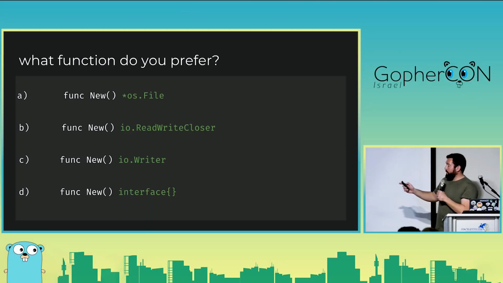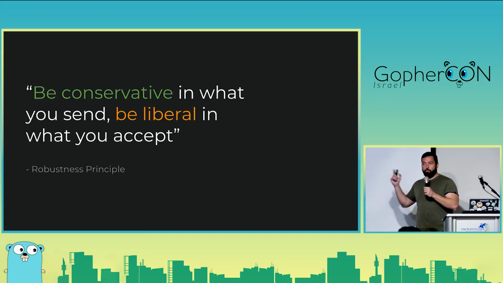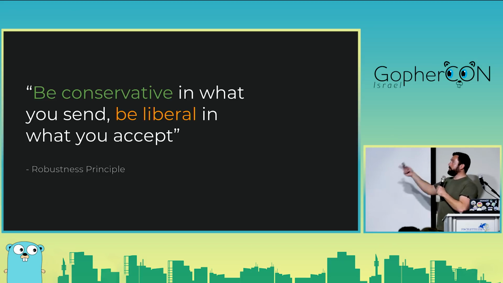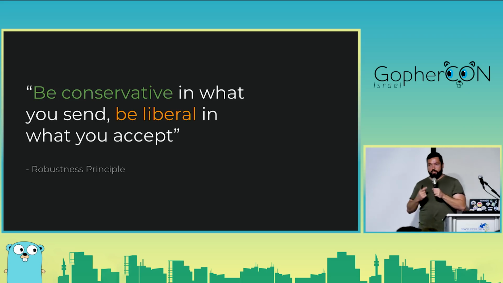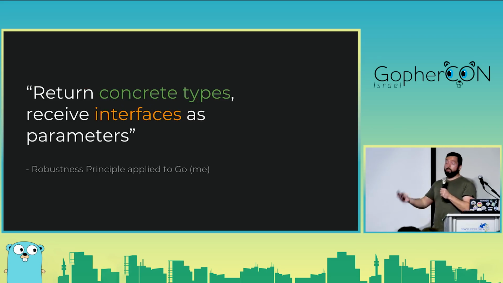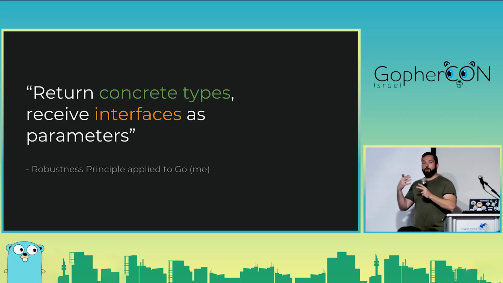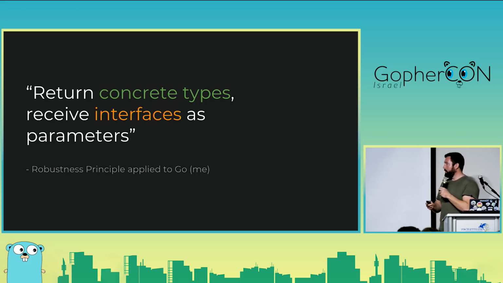So B and C are not the good ones, except that we'll talk about why they actually are the good ones later. So yeah, be conservative in what you send, be liberal in what you accept. Return concrete types, receive interfaces as parameters. That's basically the robustness principle applied to Go once you understand how interfaces work.